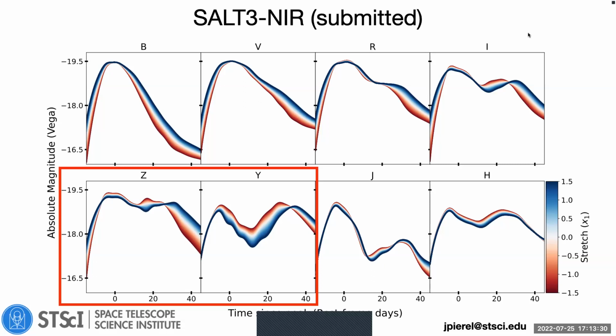SALT2 extended is now replaced with SALT3 near infrared, which is a fully trained version of SALT. So anyone doing LSST simulations with either the Z band from SALT3 or the ZY bands from SALT2 extended can come talk to me, because there's a new model and a new paper that has a much better model for this.